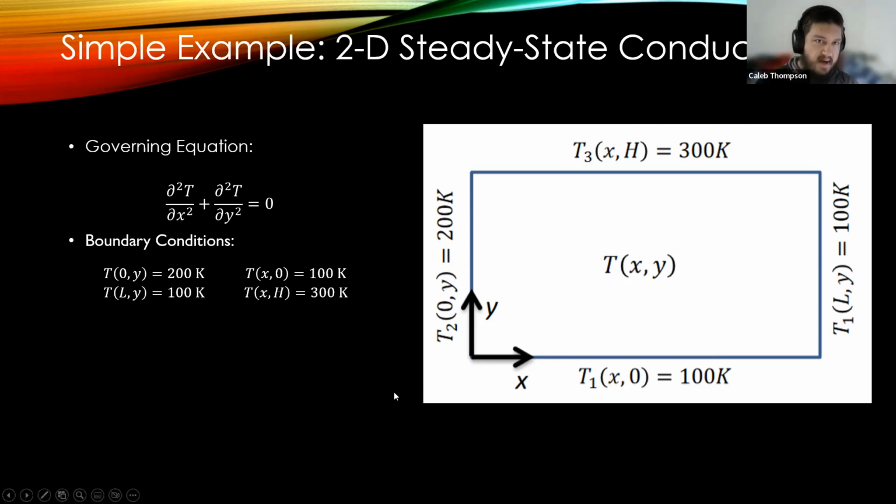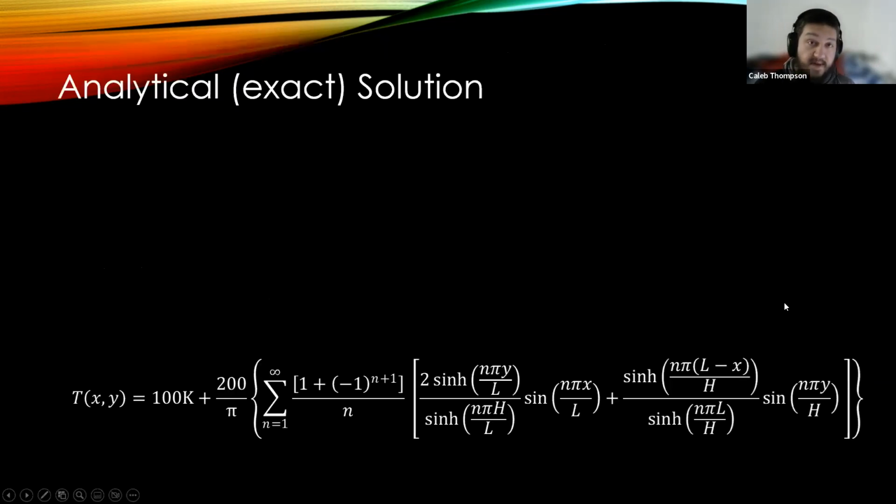So the question here is, okay, if you take a rectangle where one side is 100 degrees Kelvin, the other side is also 100 degrees Kelvin, and the top is 300 Kelvin, and the left is 200 Kelvin, what is the final temperature distribution? What's it look like? So that is this governing equation here. This one is solvable analytically. Oh, my animation didn't work. So there's the analytical solution.